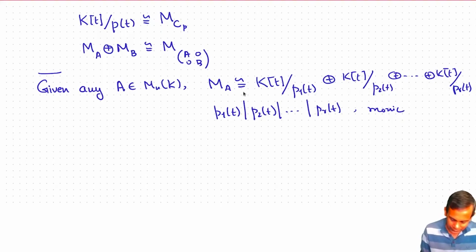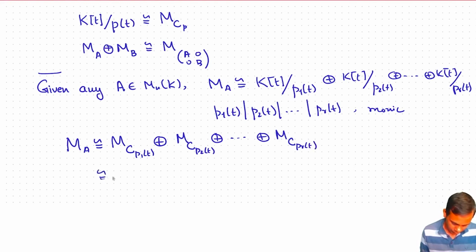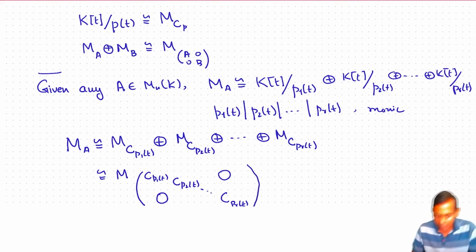And so what we get is that M_A is isomorphic to M of C_P1(T) direct sum M of C_P2(T) up to M of C_PR(T), which is in turn isomorphic to, by this argument up here about direct sums, M of the block diagonal matrix whose diagonal blocks are C_P1(T), C_P2(T), up to C_PR(T). Moreover, the polynomials P1(T), P2(T), PR(T) are unique.